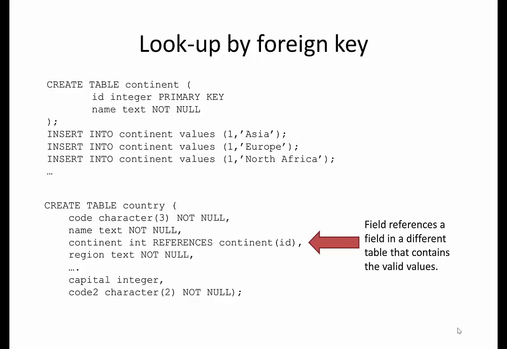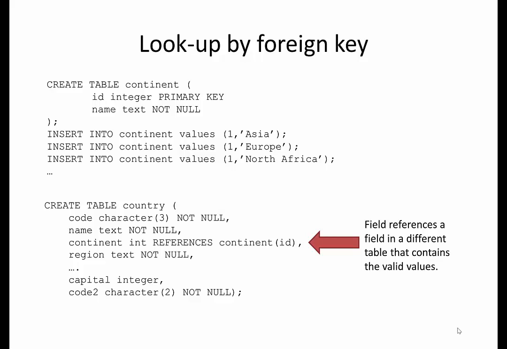It's because it's a lot quicker to look up numbers than it is to look up strings of text and to match strings of text. So quite often what we tend to do is to match on these ID values rather than doing a string match, because an integer match will be much, much quicker than a string match. So that is a continent, it's an integer, and it references the ID field in the continent table.